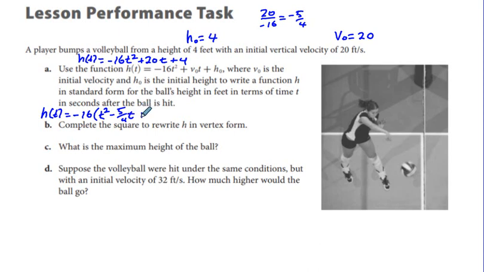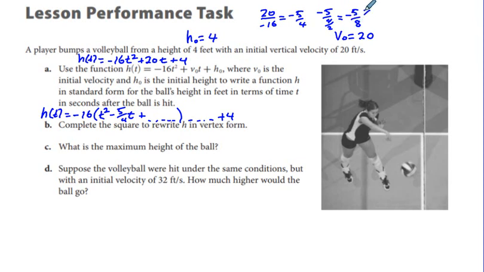Then we're going to add something to complete the square, account for it on the outside, and finally add 4 on the outside. We take this negative 5/4 and divide it by 2, which gives negative 5/8.